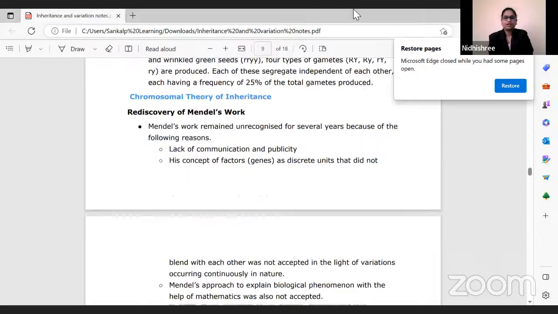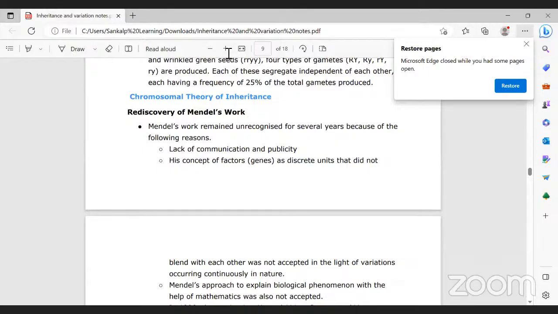Fine. Anyone? Pavitra messaged me that she wants to read. Okay, can you read, Pavitra? Yes, ma'am.